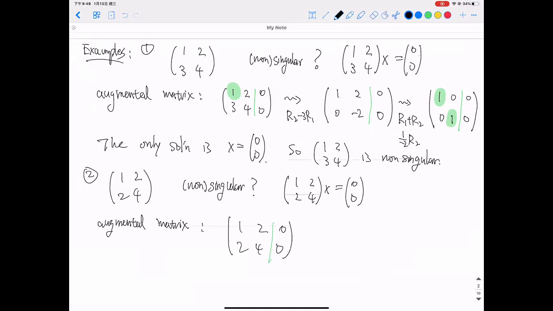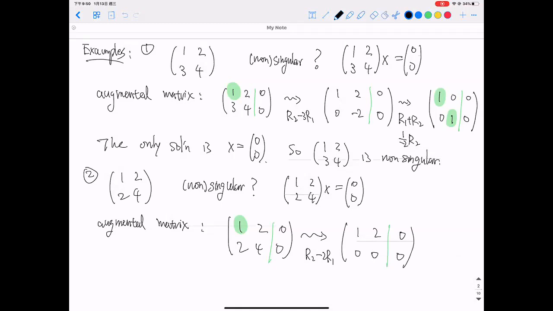And we're going to try to bring it to reduced row echelon form. Again, you already have a leading one in the first row. So you're going to do R2 minus 2R1. 1, 2, 0. But that turns the entire row 2 into a 0 row. So therefore, this is the place to stop.